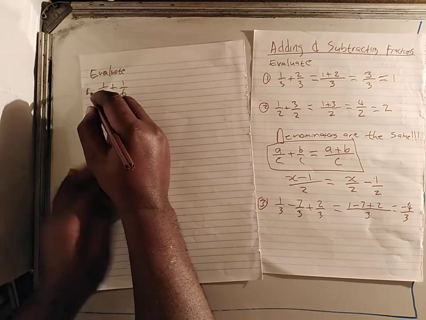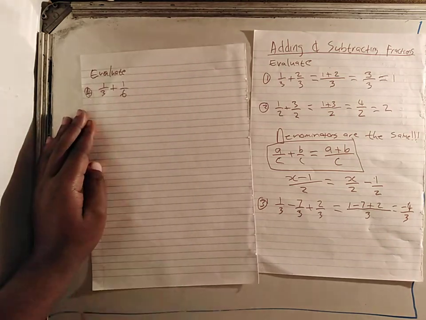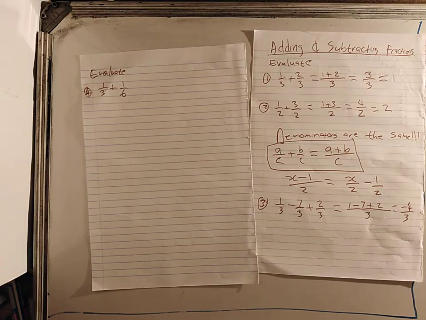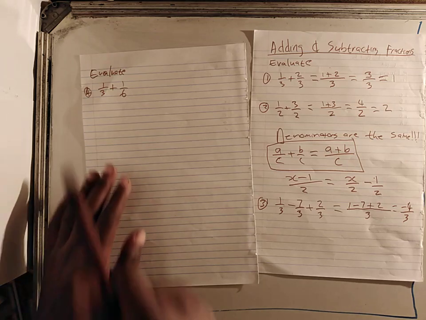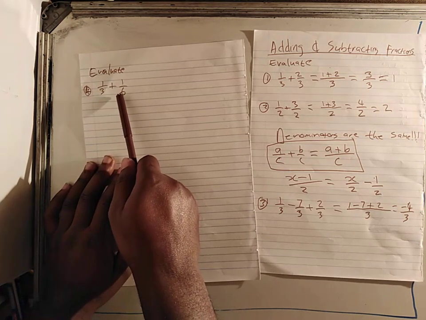This was number 4. 1 over 3 plus 1 over 6. Now what do we do in this particular case? We can see that denominators are not the same. The denominator here is 3, the denominator here is 6.